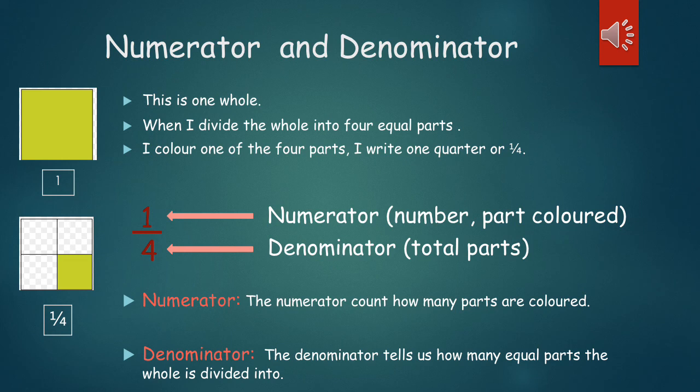The bottom part is the denominator or donkey, the total parts of the whole. The numerator counts how many parts are colored. The denominator tells us how many equal parts the whole is divided into.